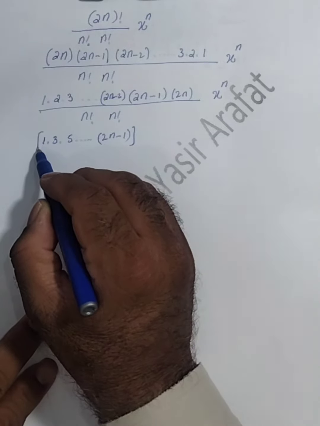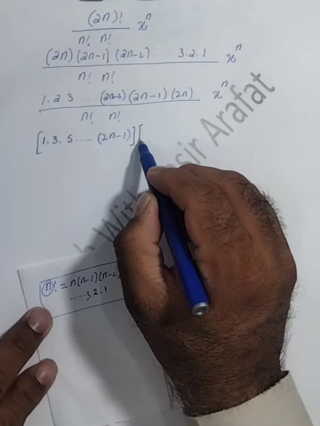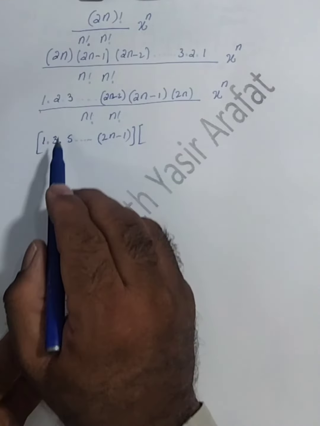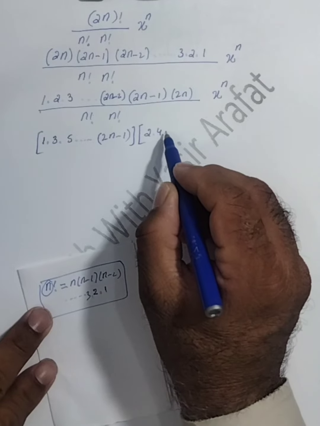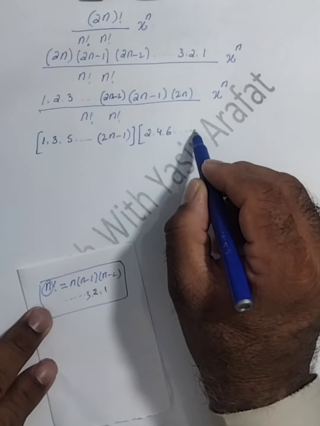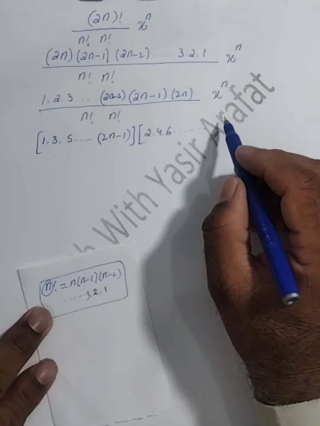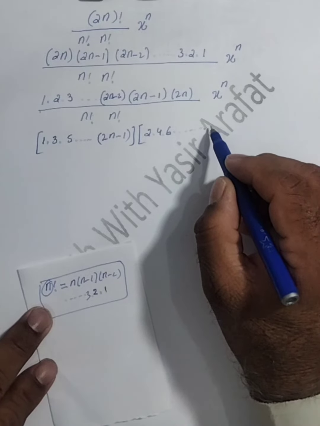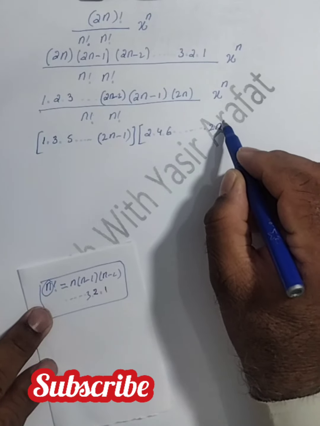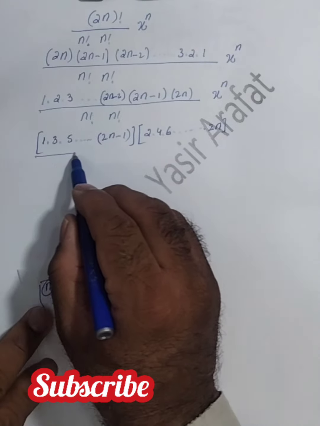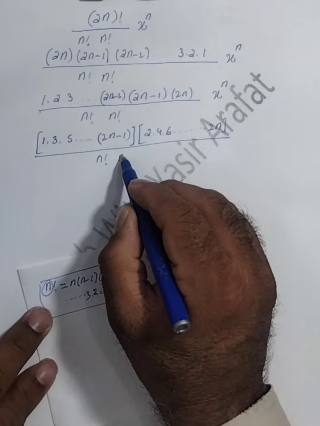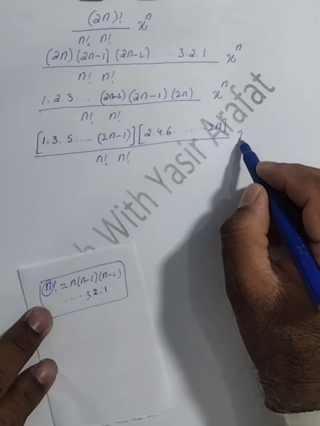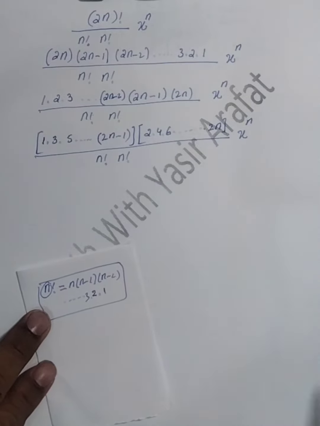Separate the odd numbers, and then the even numbers 2, 4, 6, and so on up to 2n, divided by n factorial and n factorial and x power n.